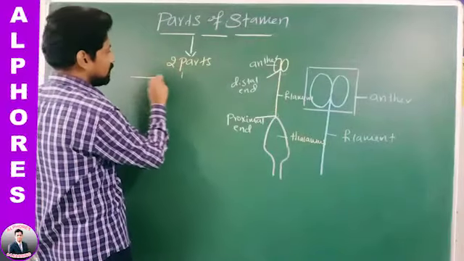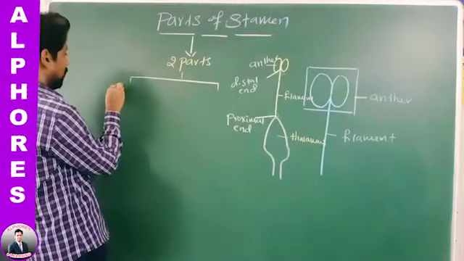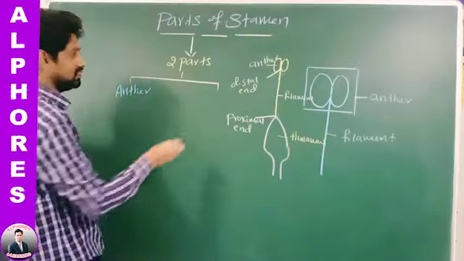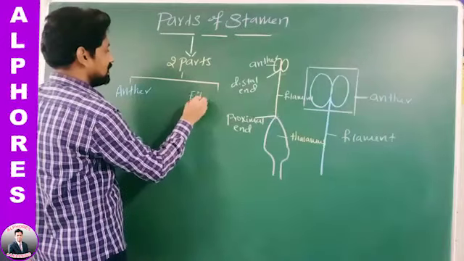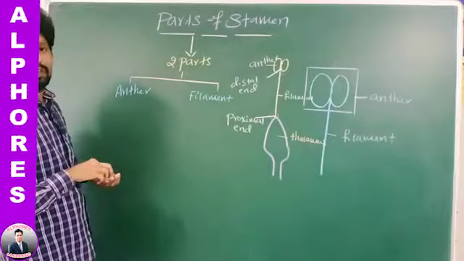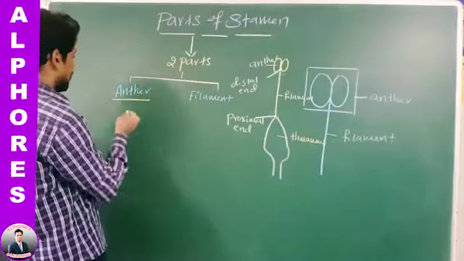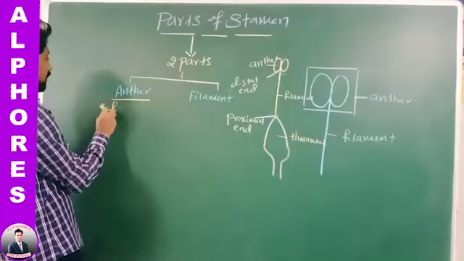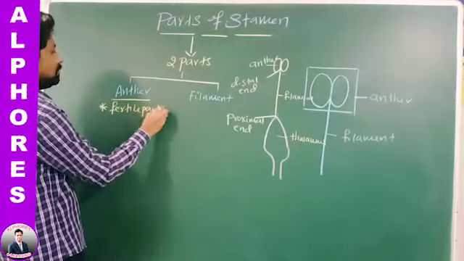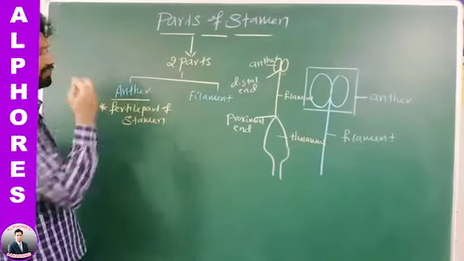The first one is anther, the second one is filament. Go for the first one, anther. What I told, it is a fertile part of a stamen.